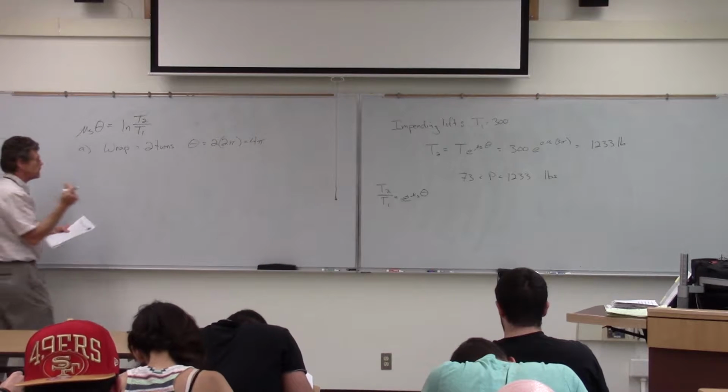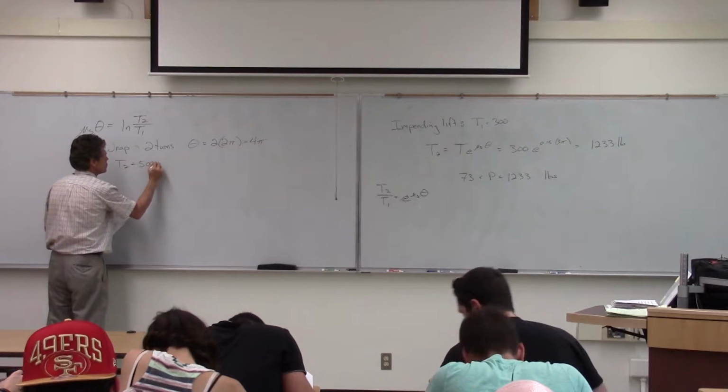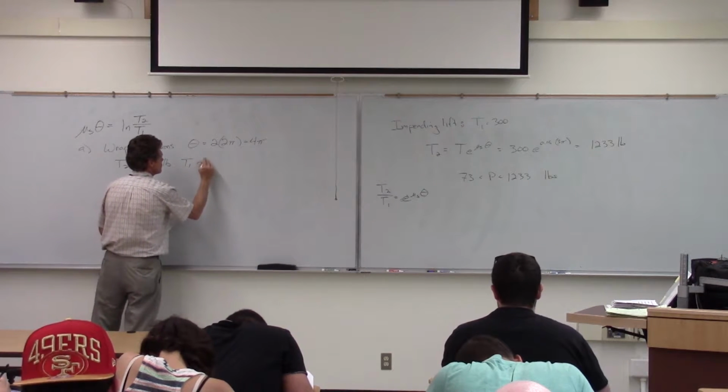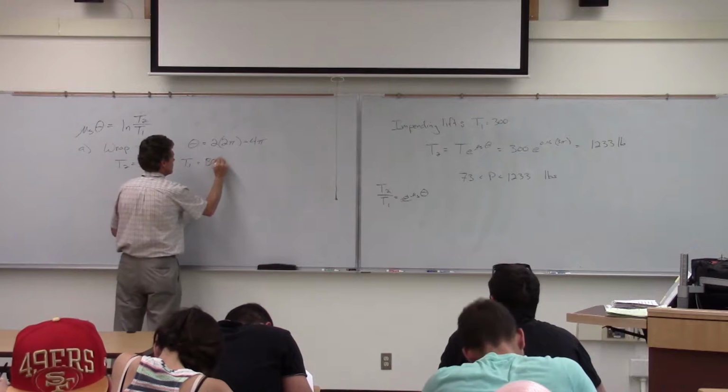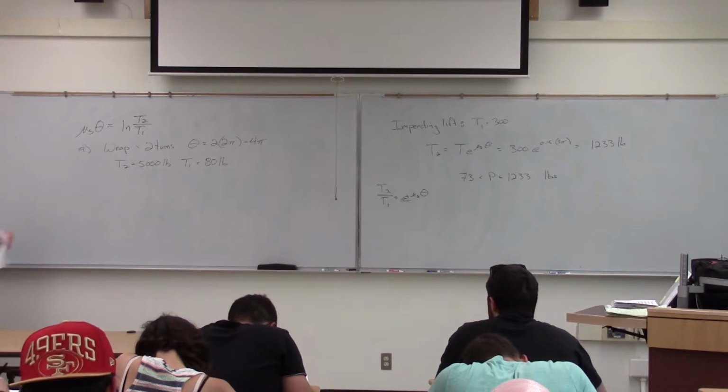And then the other two pieces that we know are T2, which is my 5,000 pounds, and T1, which is Joe dock worker and his 80 pounds. That's all he could muster for that day.